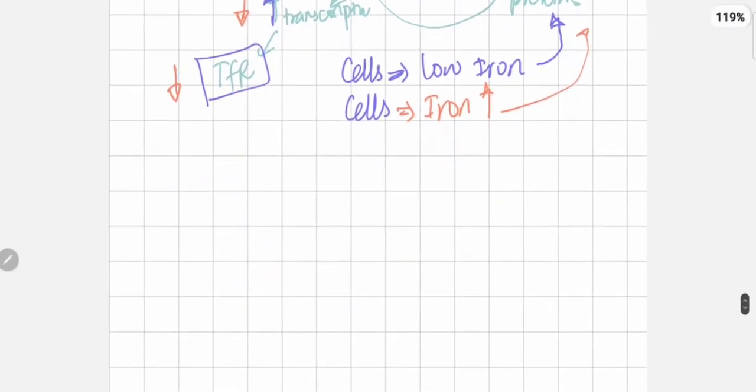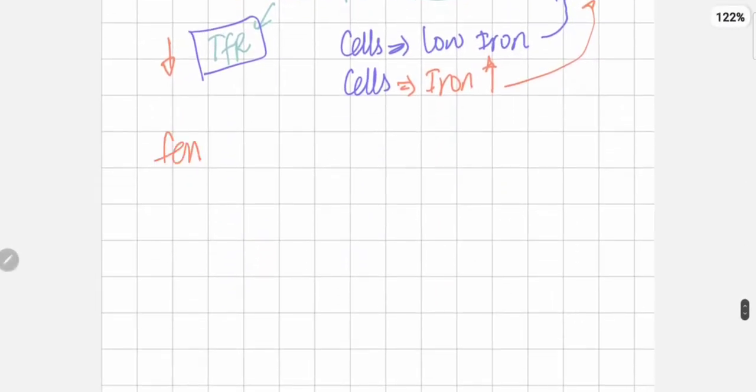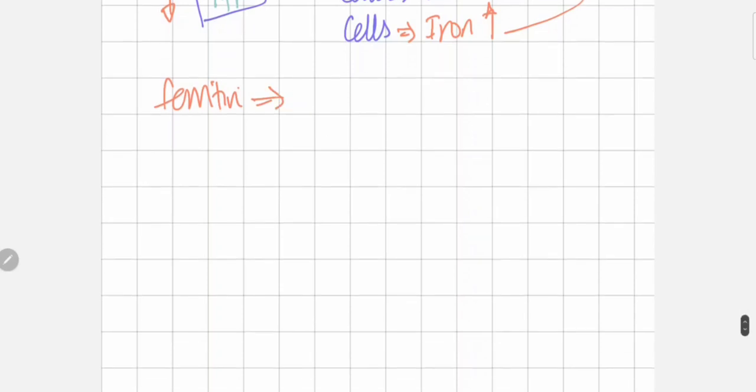Now the same story for ferritin. Ferritin is a protein inside the cell, so we are talking about the expression of ferritin, whether it will be increased or decreased, not the receptor. When the cell's iron is low, we don't need ferritin, right?